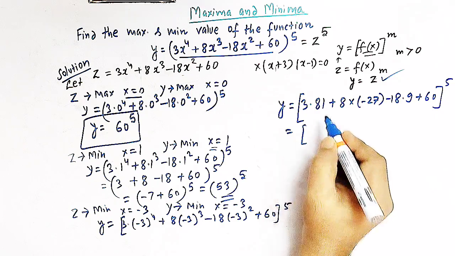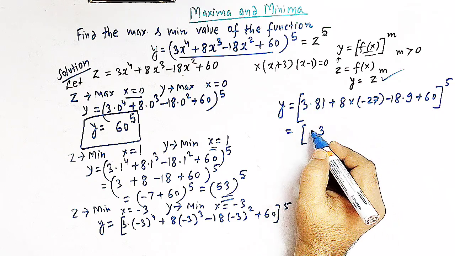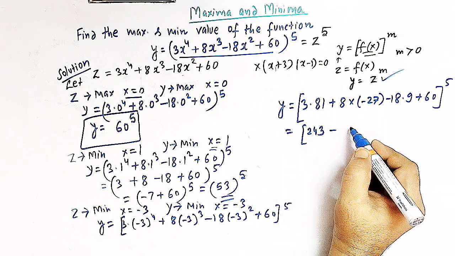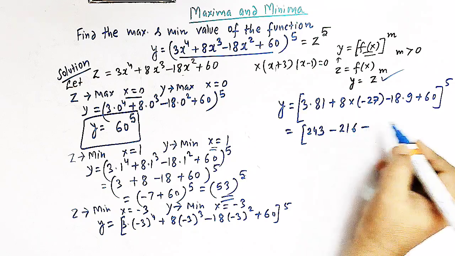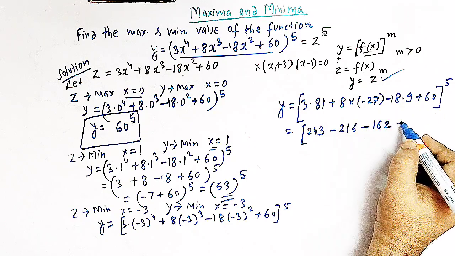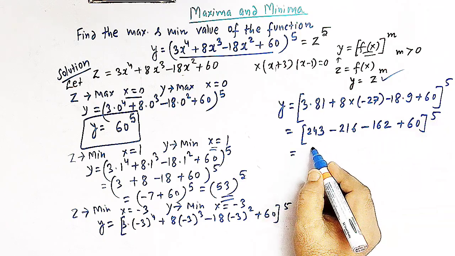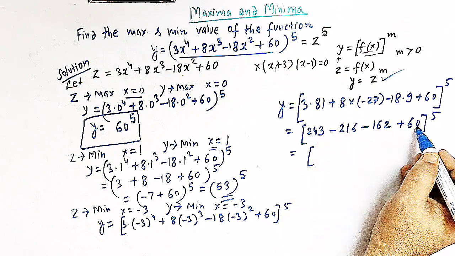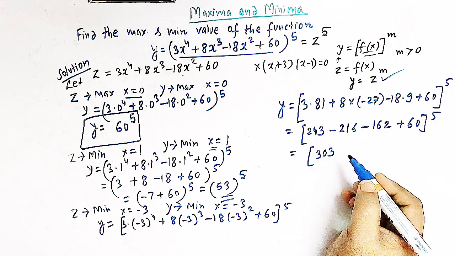And here we have 3 times 81, that is 243, and here we have minus 216, and here we have minus 162, and then we have 60 raised to 5. So now we can have 243 plus 60 is 303, right?